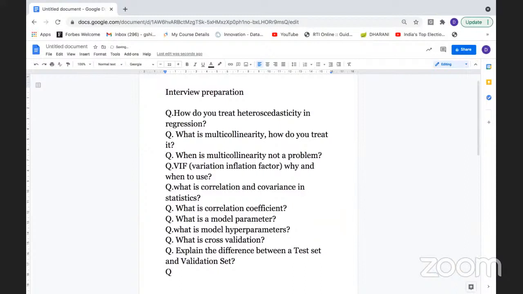Now, let's take a different set of questions here. What is data wrangling? How do you explain that? What is this process all about? Data wrangling.